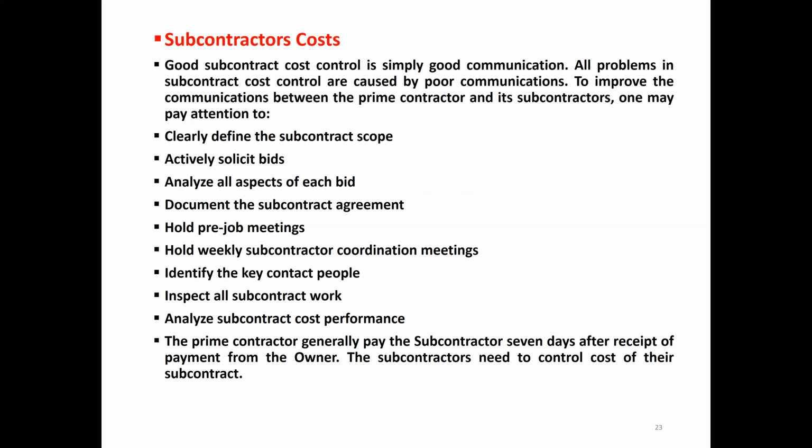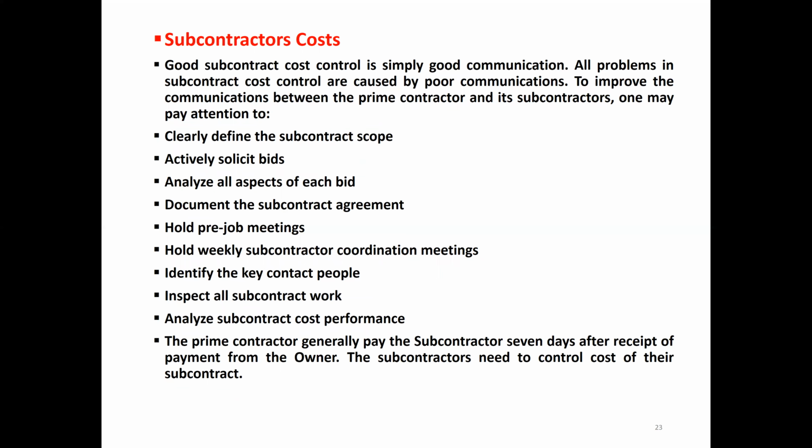Actively solicit bids. So when subcontractors are submitting the bid, the bid advertisement, bid evaluation and bid submission, all this process should be in a good way. Analyze all aspects of each bid. Document the subcontract agreement.